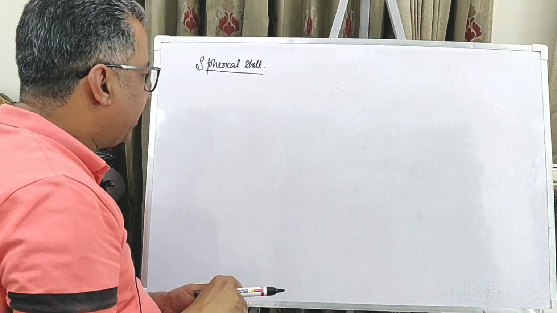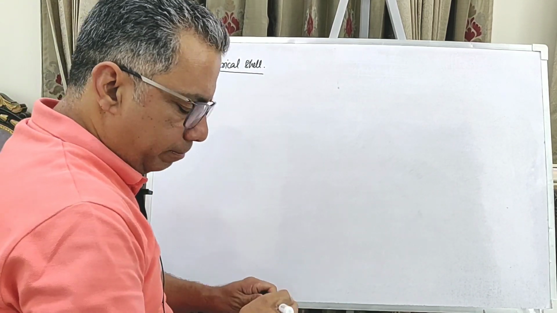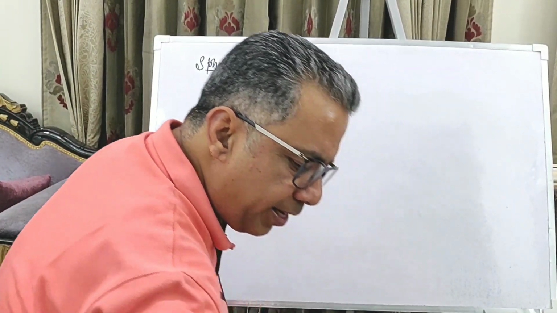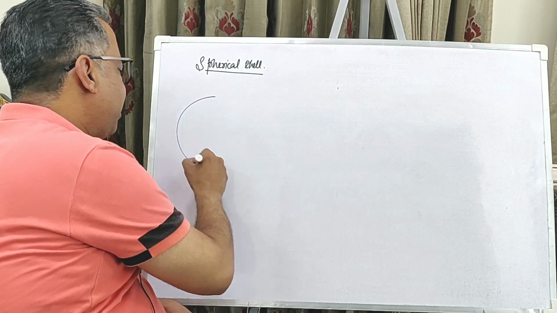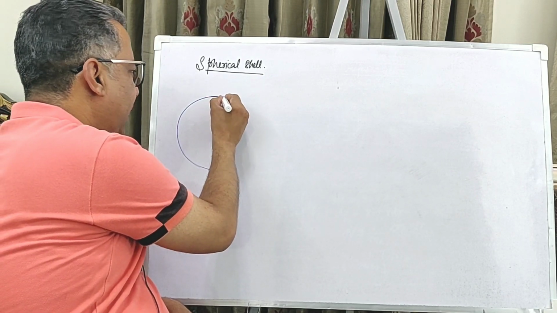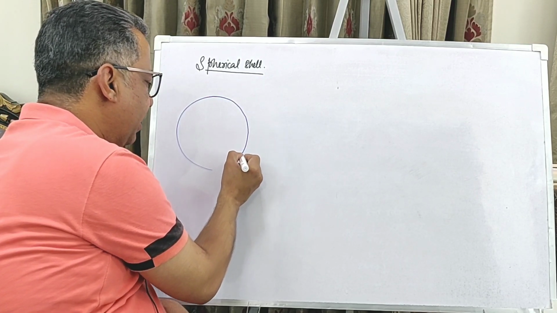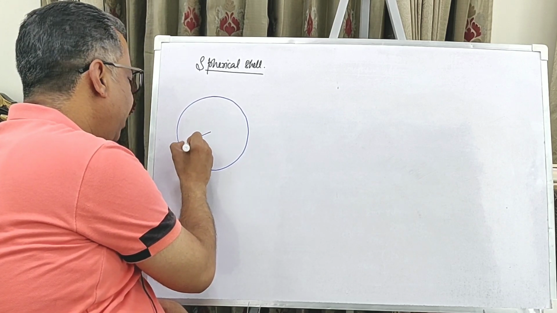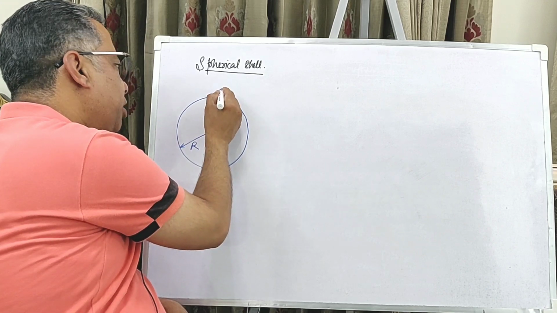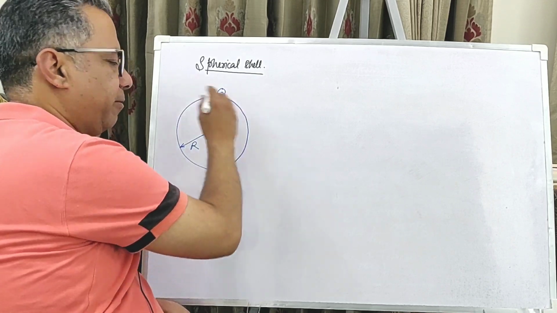Now what's a spherical shell? It's a spherical body where everything is there on the surface. The inside or the interior carries nothing. In this case, we are really talking about charge being entirely on the surface.